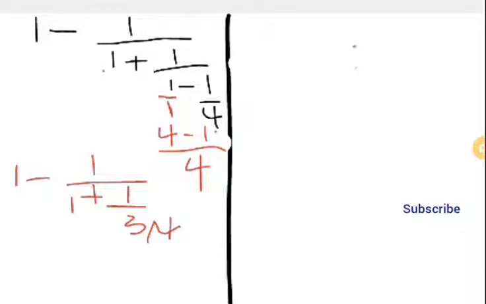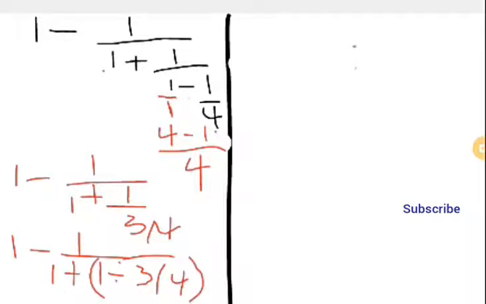So now in this case we have this. Don't forget that we need to solve this. So the equation will be of the form 1 minus 1 over 1 plus 1 divided by 3 over 4. In this case, it's better you put this in a bracket so that you solve what is inside the bracket first.